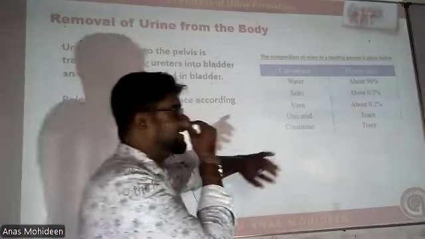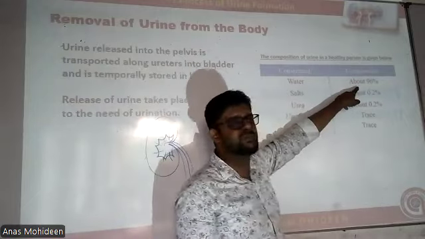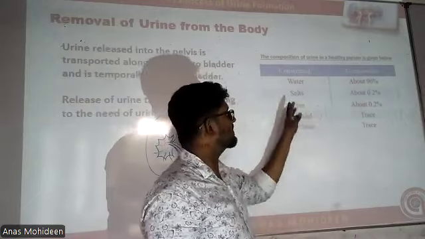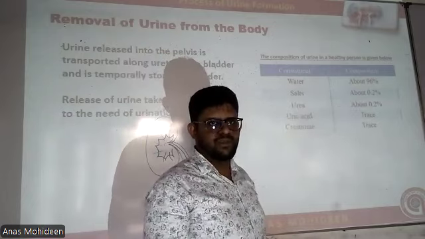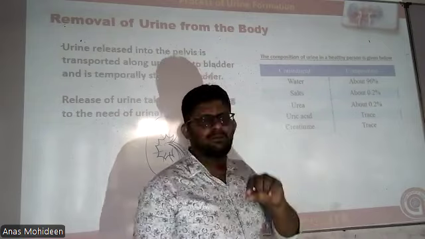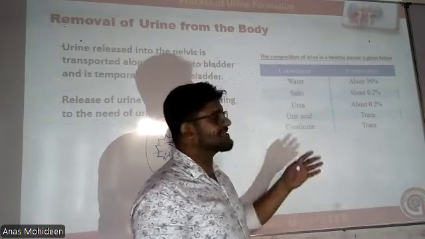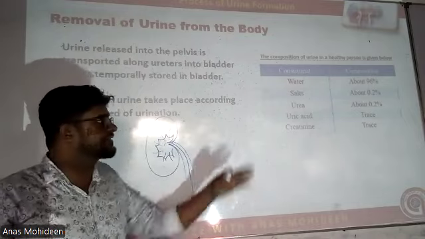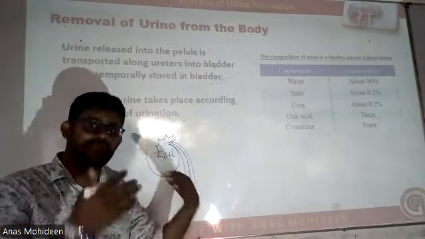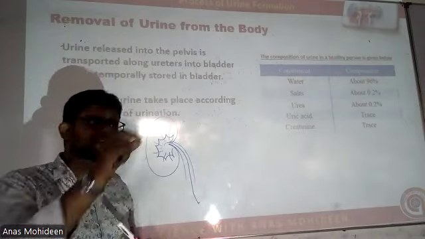And this urine collected mainly contains what? About 96% water. And about 2% salt, 2% urea, and trace amounts of uric acid and creatinine will also be present. If these amounts change, like urea, uric acid, creatinine, increasing in amount, maybe there's a problem.